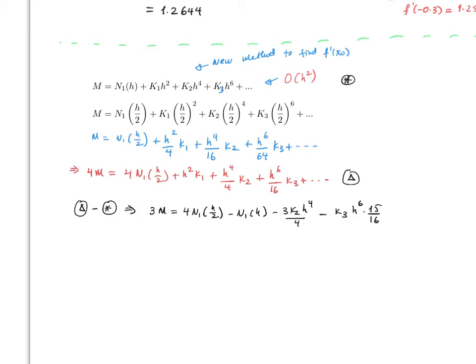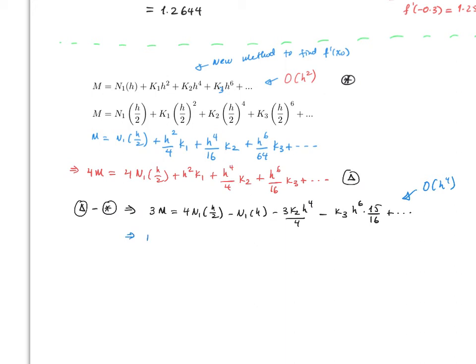That's just algebra, so make sure you check that. Now notice that the order is h to the 4 instead of h squared. Now you just have to rewrite it in a nice way.